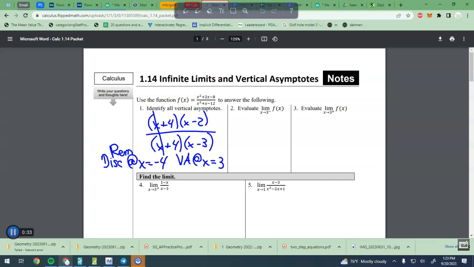Okay. So now this gets a little bit goofy. These canceled. So what we really have left is x minus 2 over x minus 3. And I am looking for the limit as x approaches 3 from the left. So vertical asymptotes can look 3 ways. You might get they both go up forever.